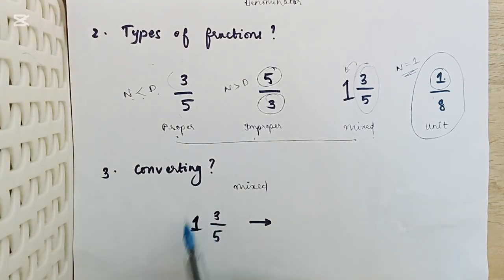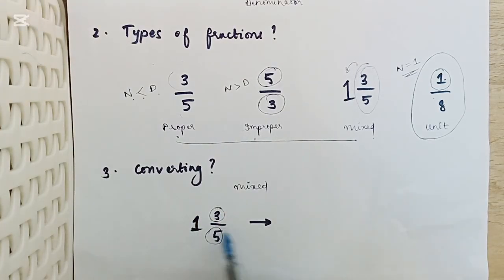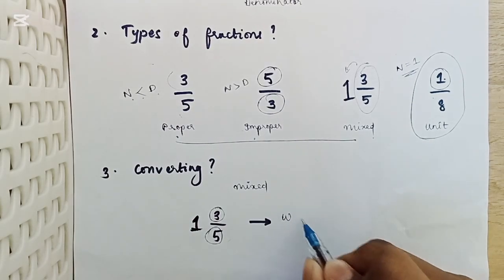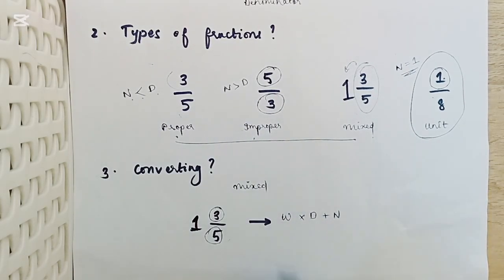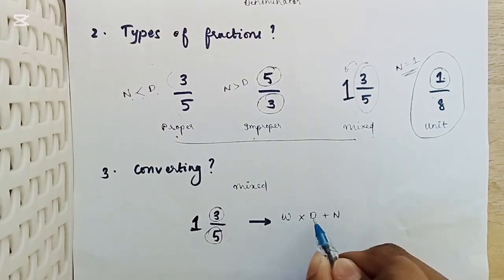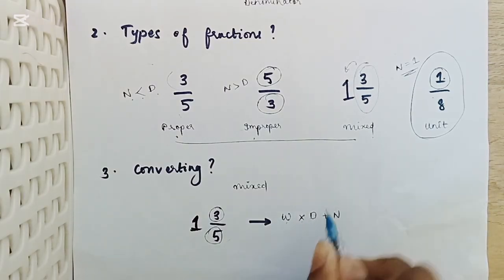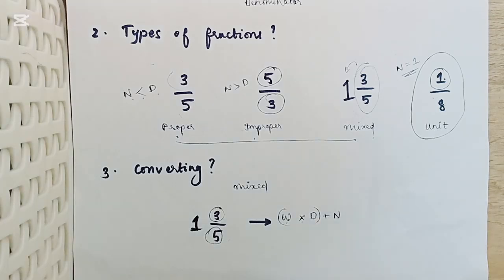The way you do it is multiply the whole number with the denominator and add the numerator. So whole number into denominator plus numerator. This is the trick that you need to remember. WDN, whole number into denominator plus numerator.